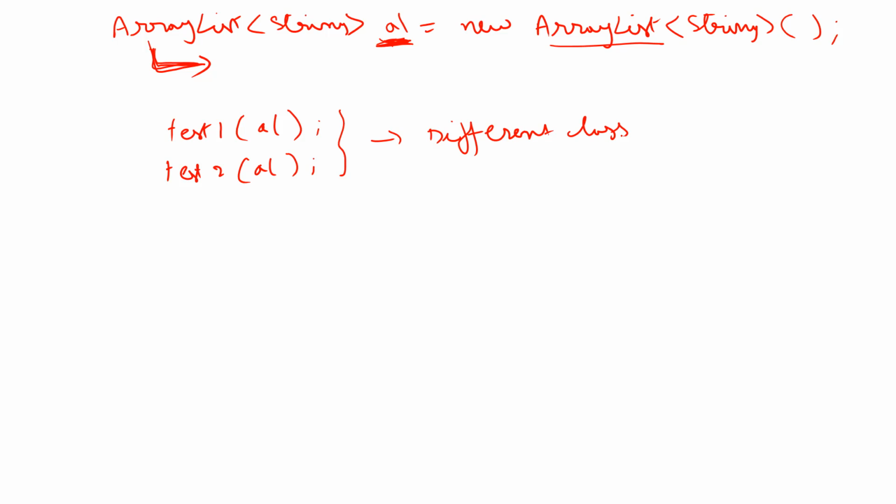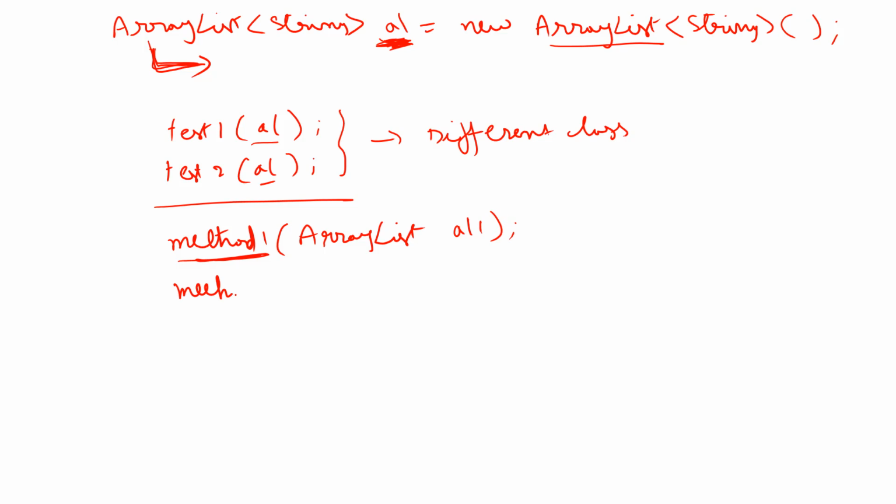So I call those methods by passing this object AL. Now I have implemented some methods within this same class itself, like method1. In order to call this method, I need to pass an ArrayList. So I'll say ArrayList, and give some name as AL1.